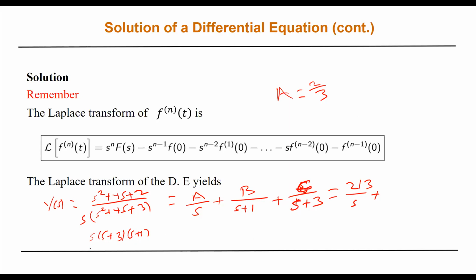So I will have minus 1 times 2, that will be minus 2 in the denominator, and in the numerator I will have minus 1, minus 3, plus 2, minus 1. So it's going to be a half over s plus 1, and then you can do the same for the third one, s plus 3.